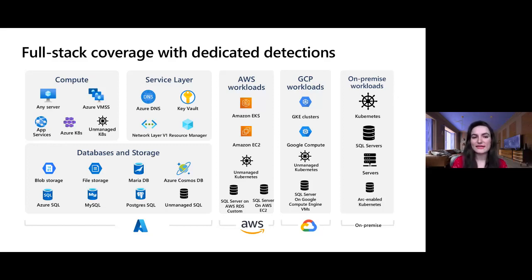But now you can also protect resources such as your EKS and EC2 in AWS, and in GCP, like your GKE clusters, and your on-premises workloads as well. These are the resources we cover in Defender for Cloud.